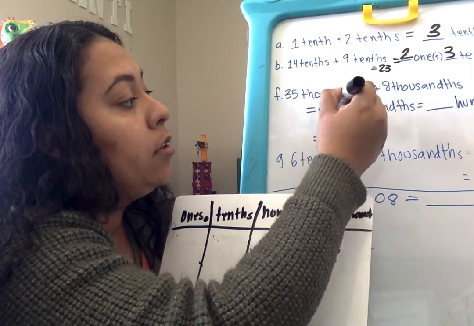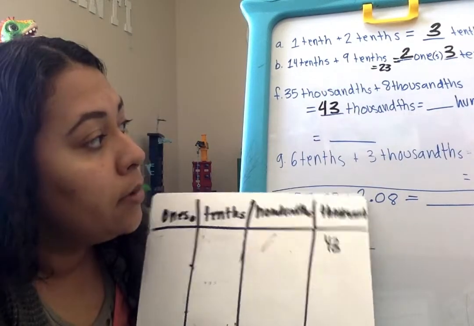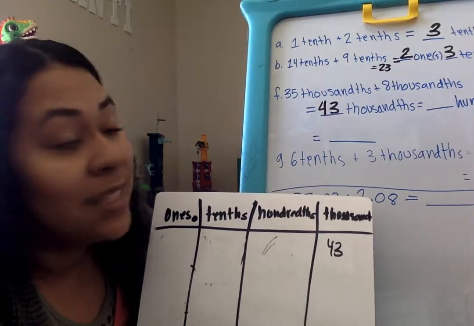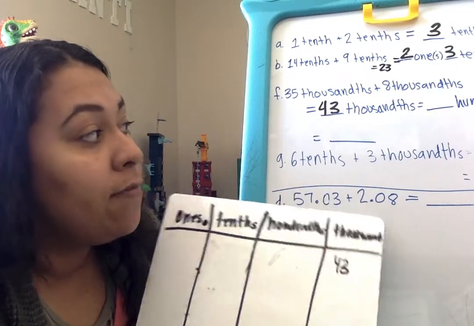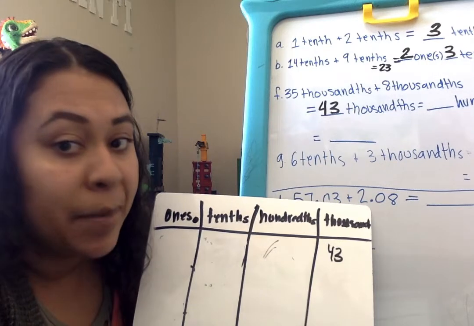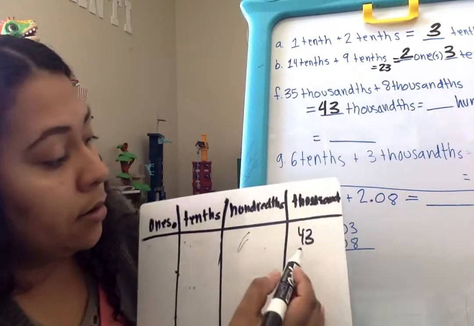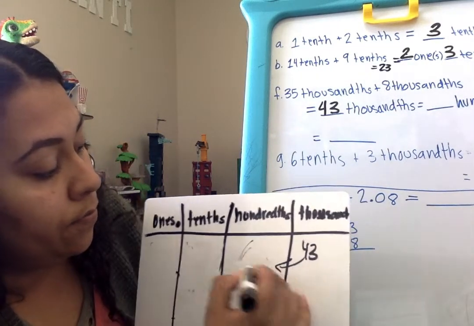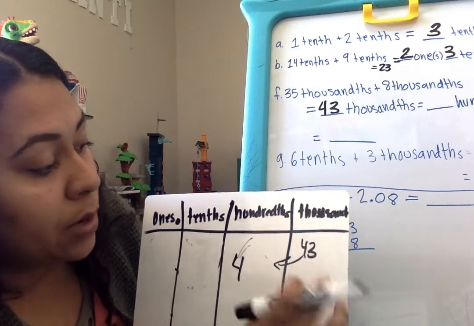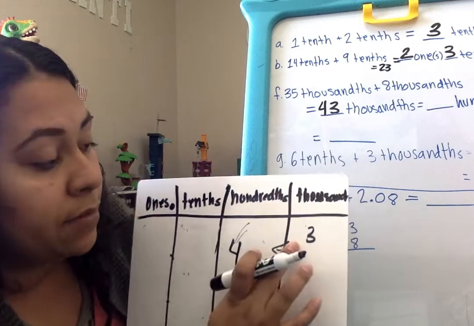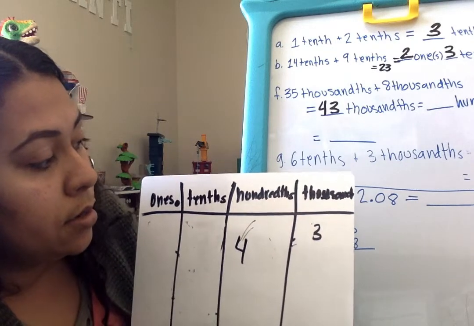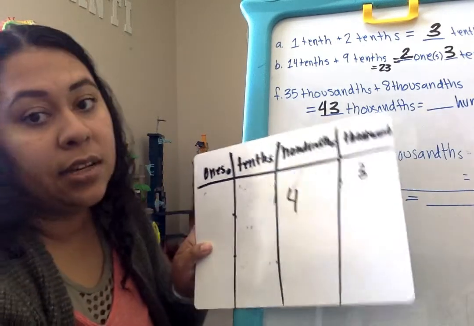So 10 thousandths is equal to 1 hundredth. So if we have 40 thousandths, how many hundredths does that make? That would give us 4 hundredths with 3 thousandths left over, right? Okay, so now you would plug that in for your blanks over here.